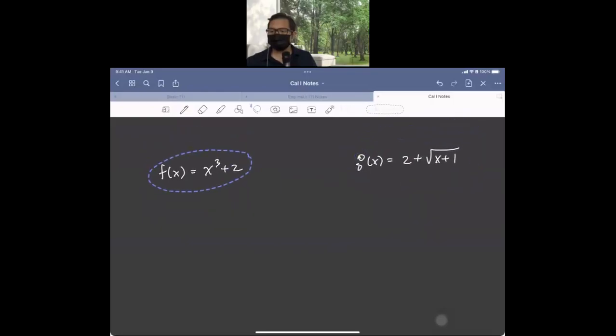So find the inverse of these two functions.